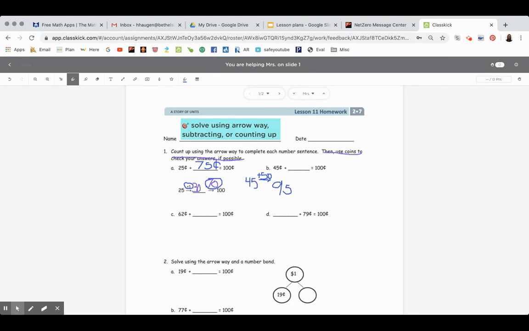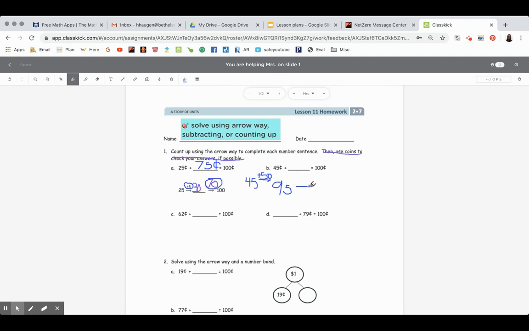I'll explain that again. I started at 45 and I counted by tens to get me as close to the 100, I'm sorry, as I possibly can. So again, I started at 45 and I counted by tens. 55, 65, 75, 85, 95. So adding 5 tens was a total of adding 50.